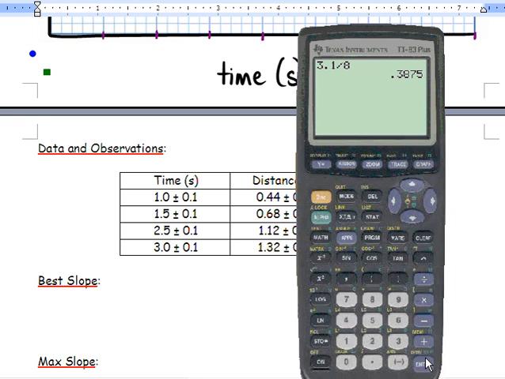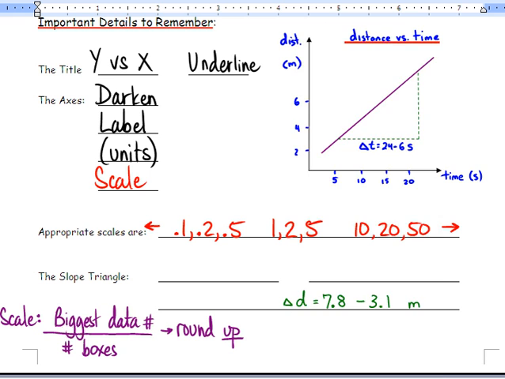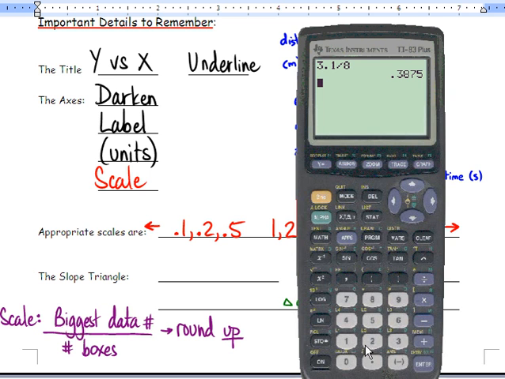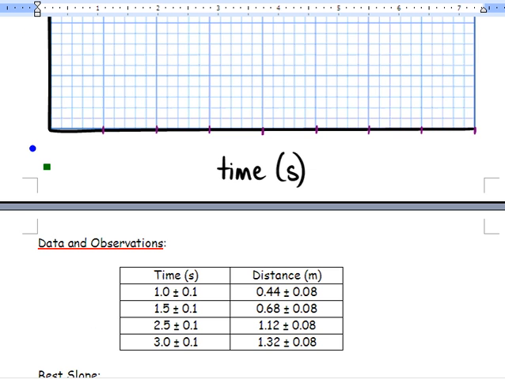That number will not be very fun if you try to scale every box worth that. So now we're going to round up to the nearest appropriate number. You can't round down because you'll run out of space and you won't be able to put the thing on the graph. We want to round up, all the way to 0.5. So that means every big box on the time axis is going to be worth half a second, 0.5.